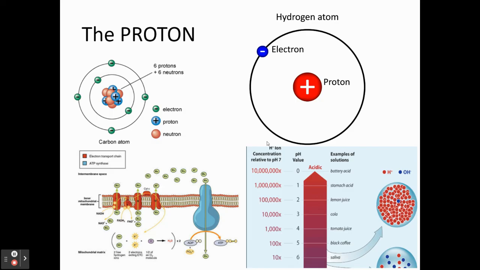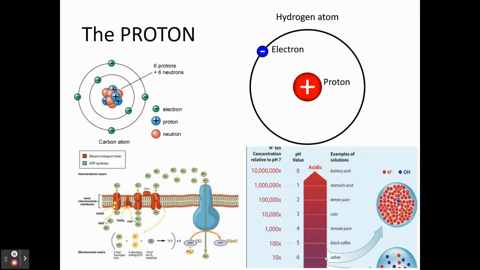But as soon as you start increasing the proton concentration, then you start becoming acidic. So, as you say, your saliva has a pH of about 6. It's 10 times more acidic than pure water. It has 10 times the proton concentration. Black coffee has a pH of 5. It's 10 times greater than a pH of 6, or 100 times greater than pure water in terms of proton concentration.